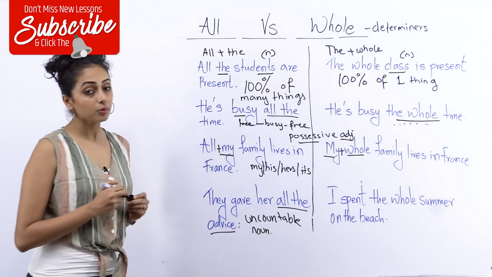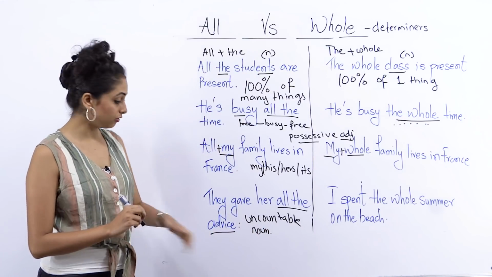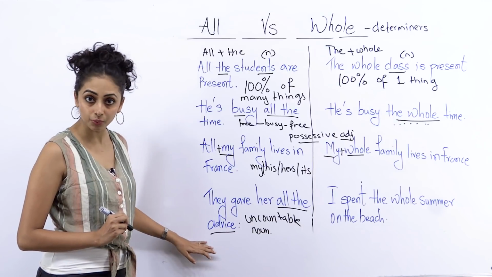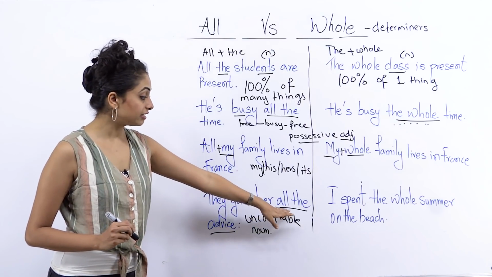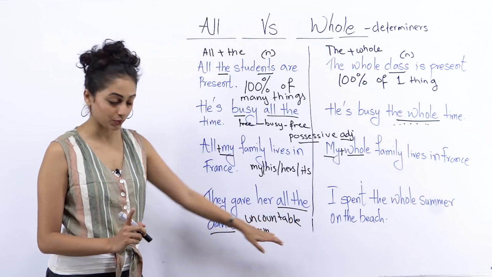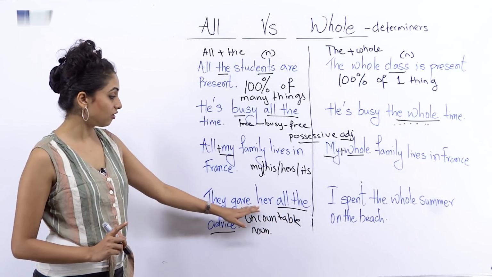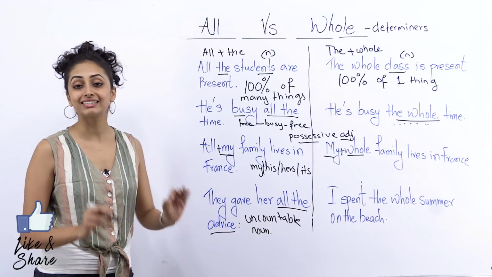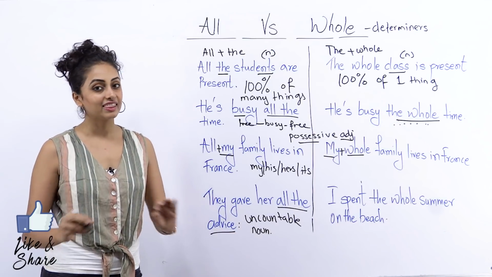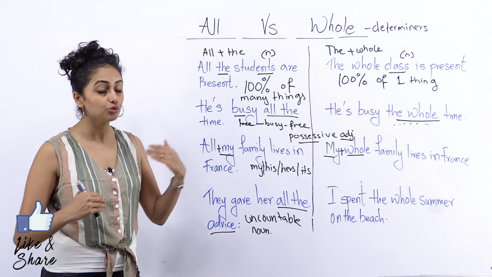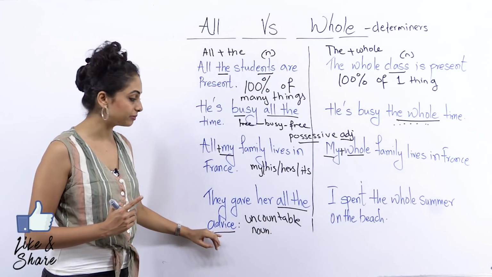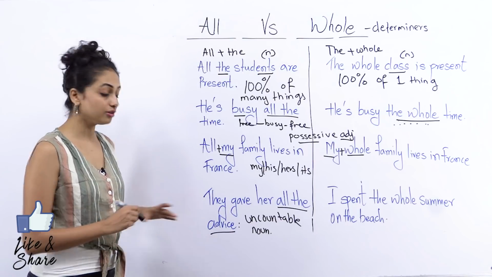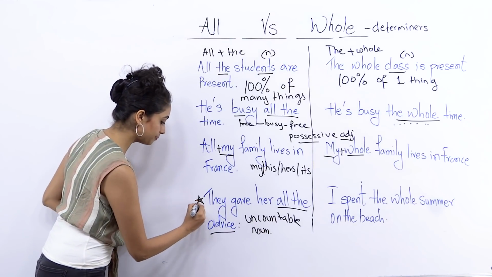So whenever we talk about any uncountable noun, for that matter, we're talking about advice over here, you would always and always use the determiner all. They gave her the whole advice is incorrect. That is not how you would use all or whole when we talk about uncountable nouns, and that is something that you would remember. Okay?